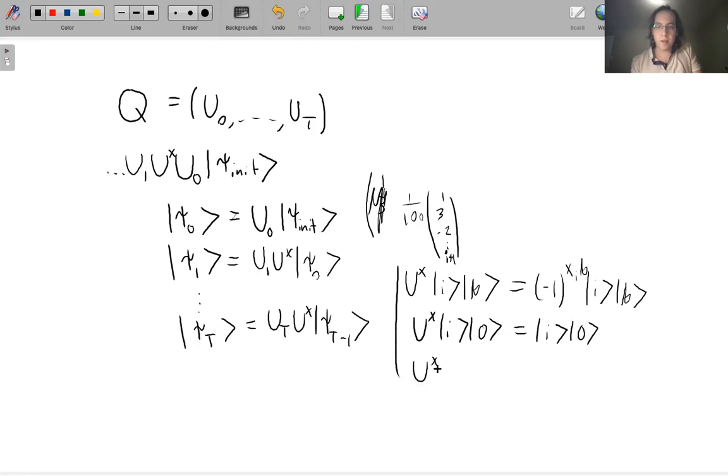And we're mapping i1 to (-1)^{x_i} times i1. But (-1)^{x_i} is equal to -1 when x_i is 1, and it's equal to 1 when x_i is 0. So it's actually 1 minus 2 x_i.